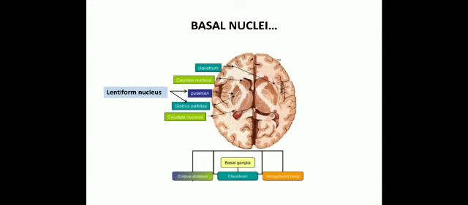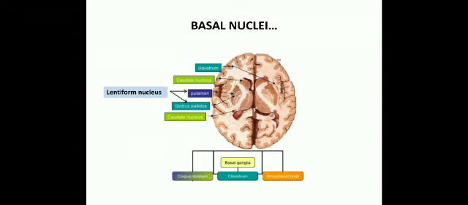Here in this picture you can see the different groups of nuclei which form the basal ganglia. The basal ganglia have three parts: corpus striatum, claustrum and amygdaloid body. The claustrum is a saucer-like structure present in the lateral aspect.